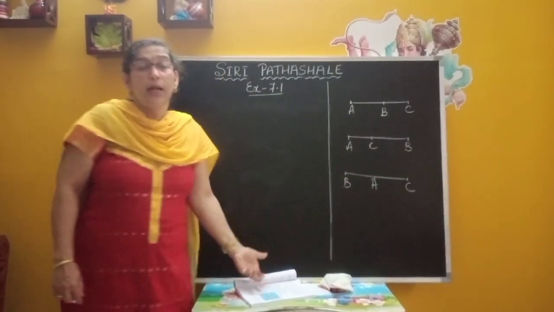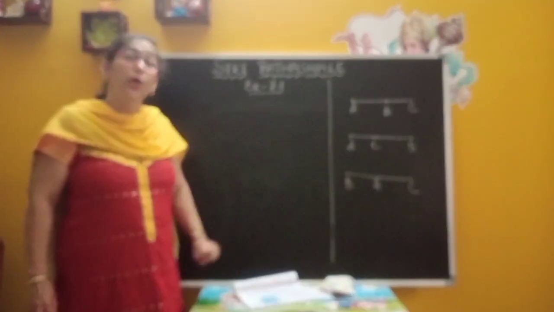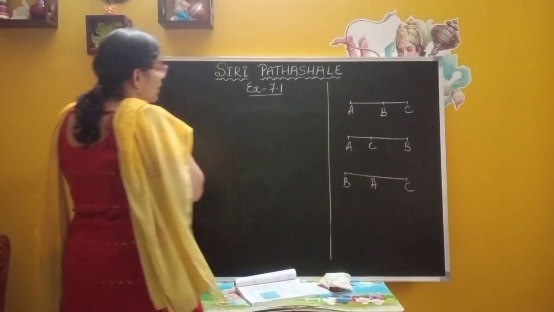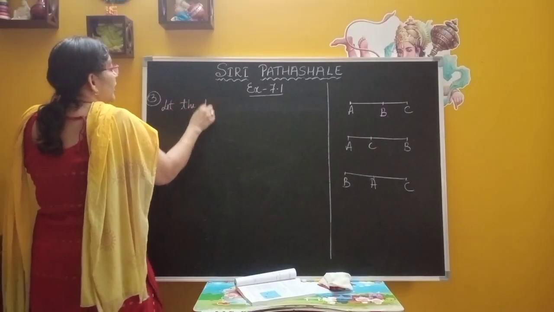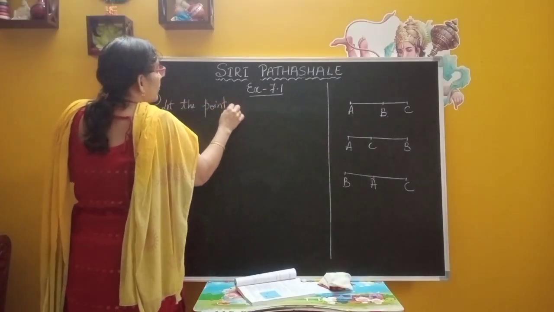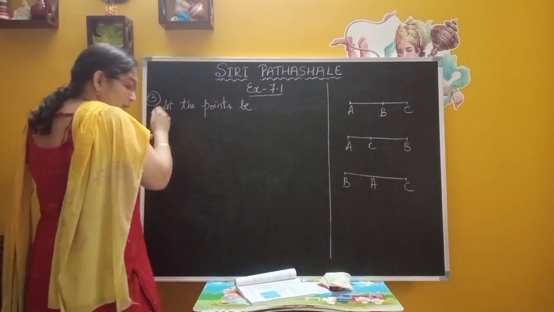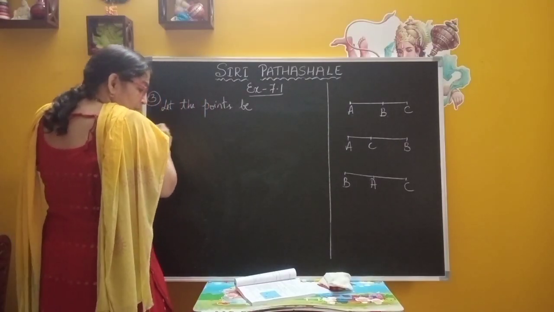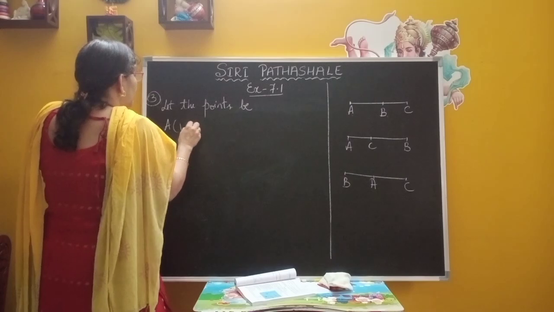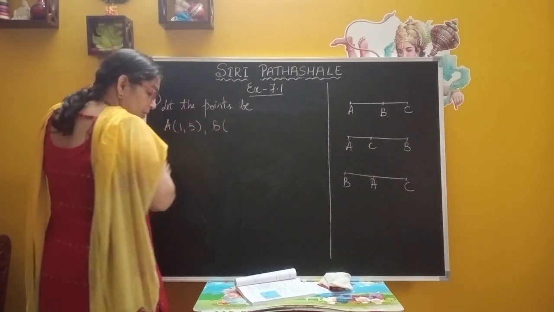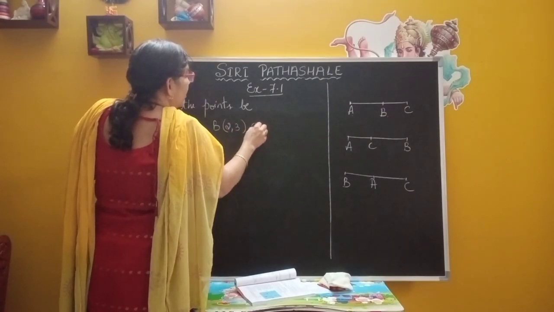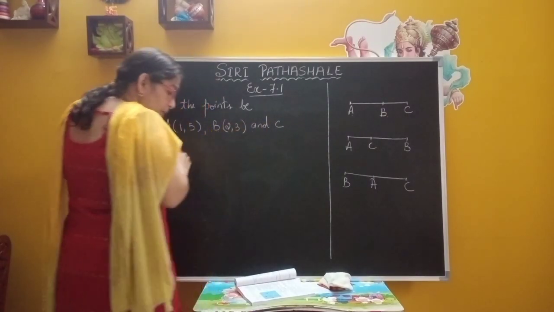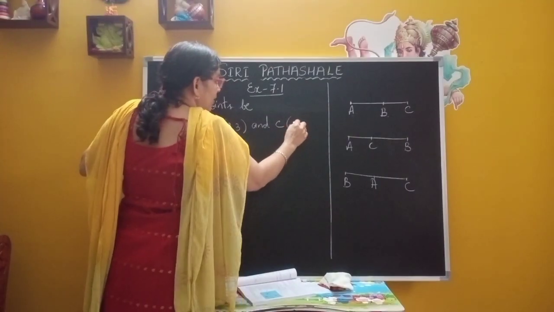So using this knowledge now, we are going to find whether these points are collinear or not. So let us consider the points. Let the coordinates be A (1, 5), B (2, 3) and C (2, -11).